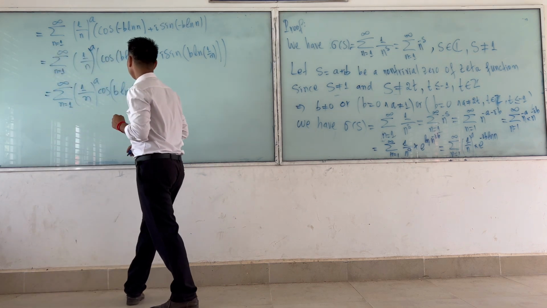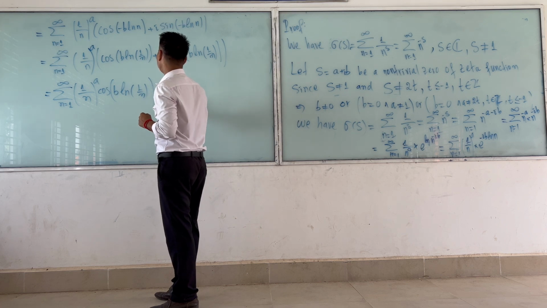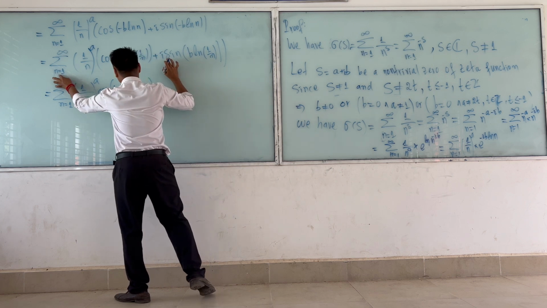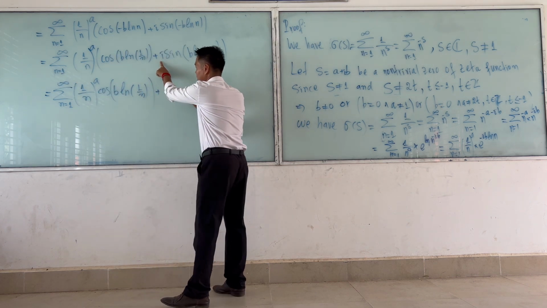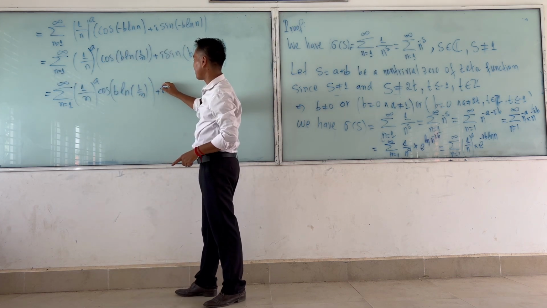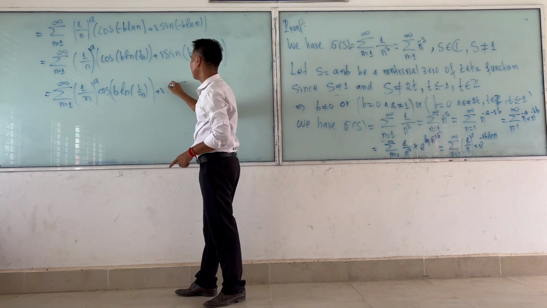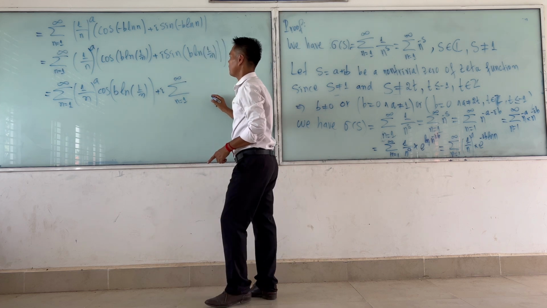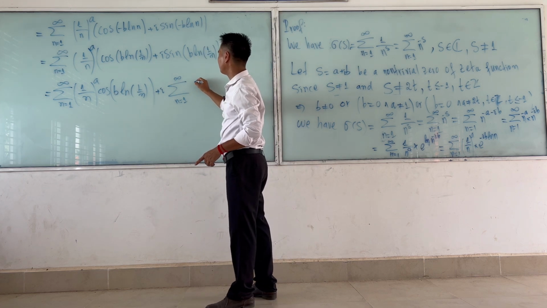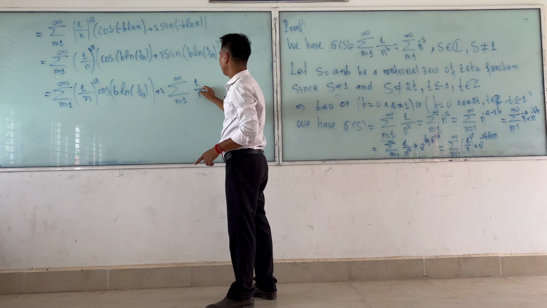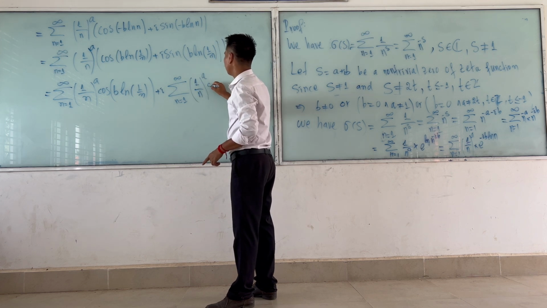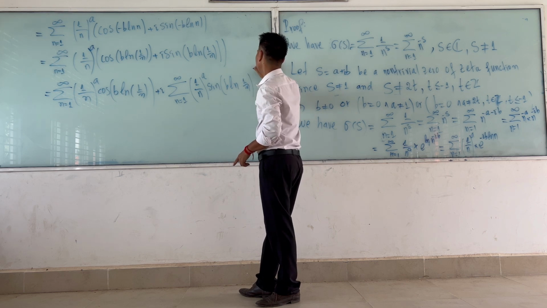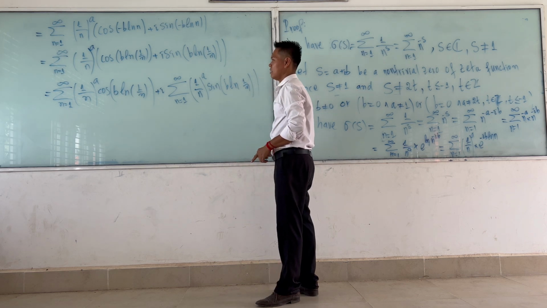And this one plus, because i is not an index, the index here is n, so i is a constant in the sigma, we can take i out of the sigma. So i times the sum from n from 1 to plus infinity of 1 over n^a multiplied by sine of b natural log of 1 over n.